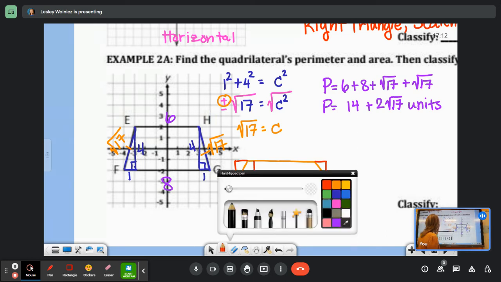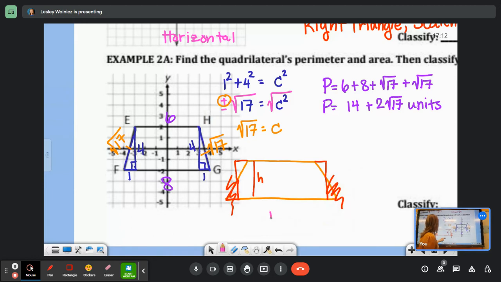The rectangle has a height and a base. Now the base is not this length or this length. It is the average of those two lengths, so it's halfway in between them.